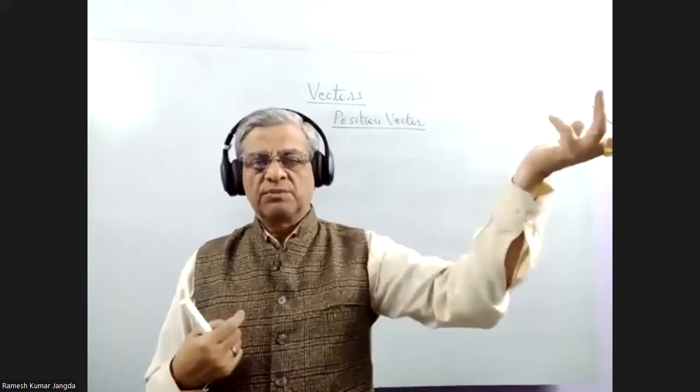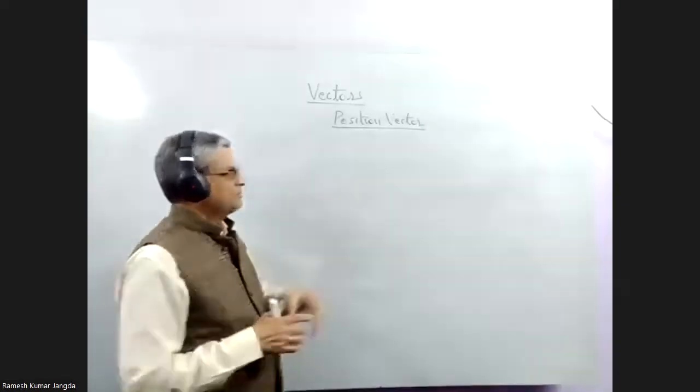So all such vectors are termed position vectors. A position vector gives me the position of a point with respect to the origin. So how will you define the statement? Write this down: a position vector gives the location of a point with respect to the origin. Correct. So that is a position vector.